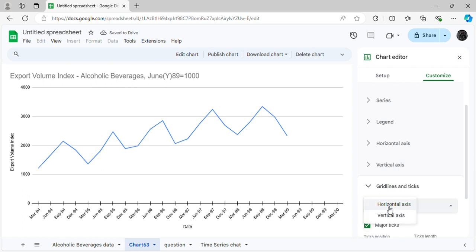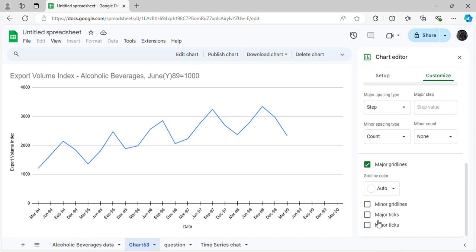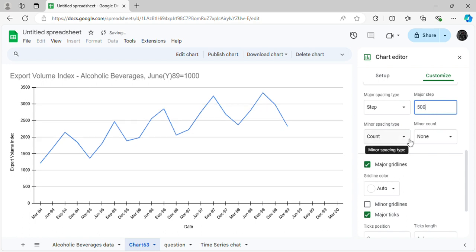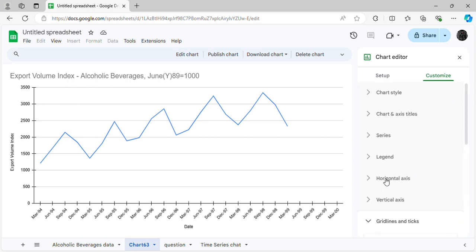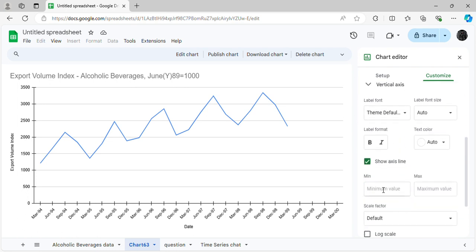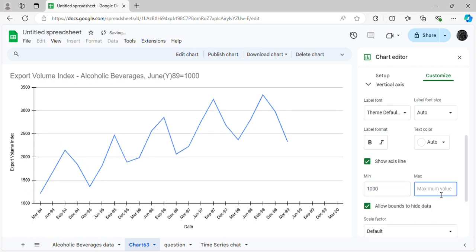For the vertical axis, let's show the major ticks. Let's have in steps of 500. And for the vertical axis, let's add the minimum of 1000 and the maximum of 3500.